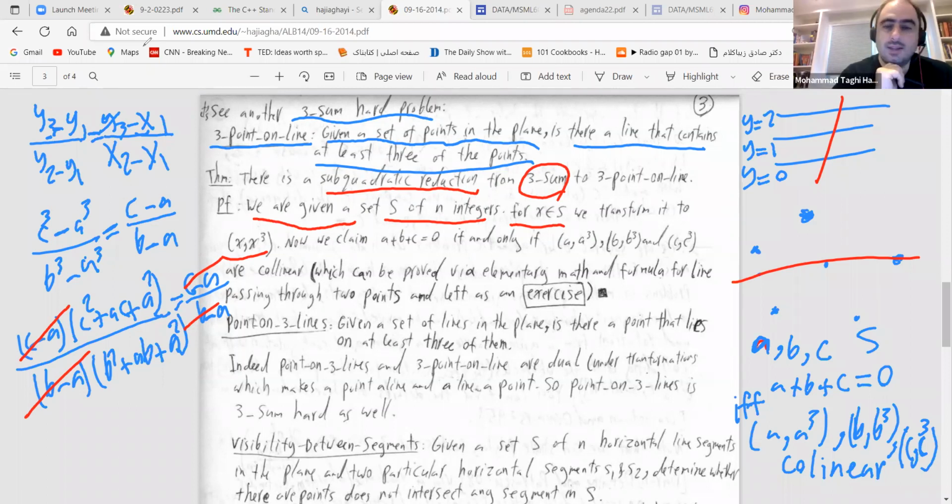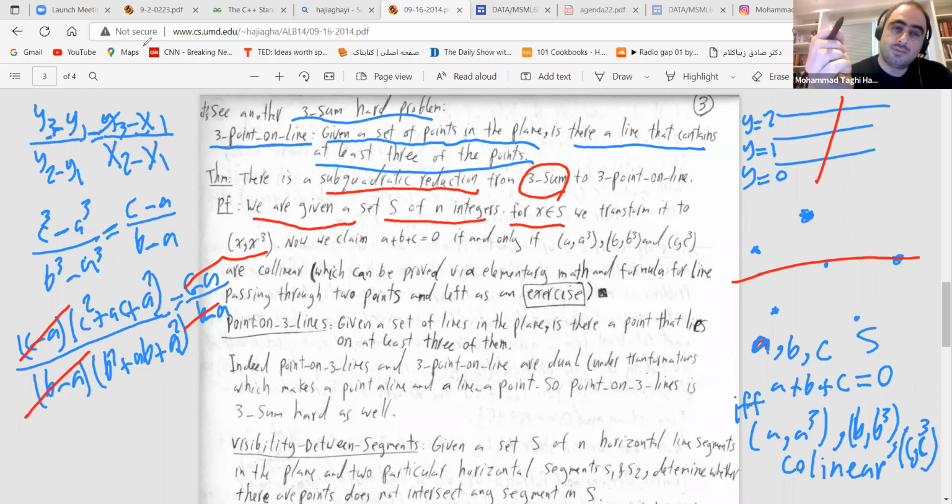Good, yeah, that is a good case. Of course, we can assume that they are distinct because of the reductions.